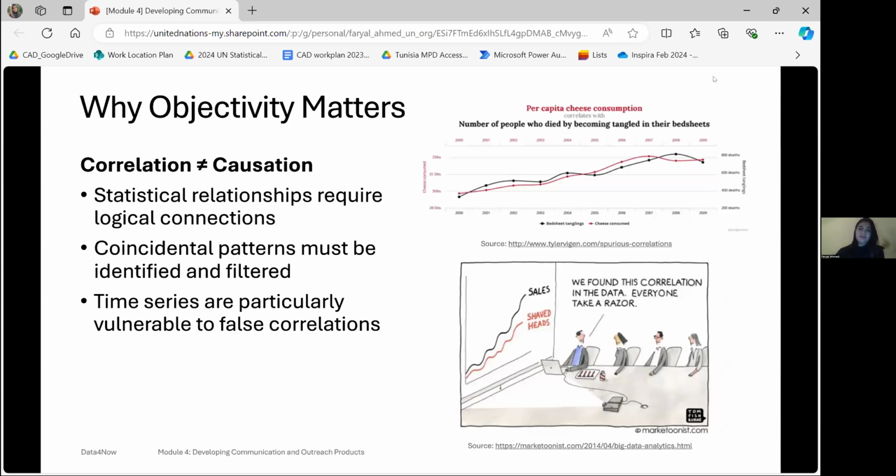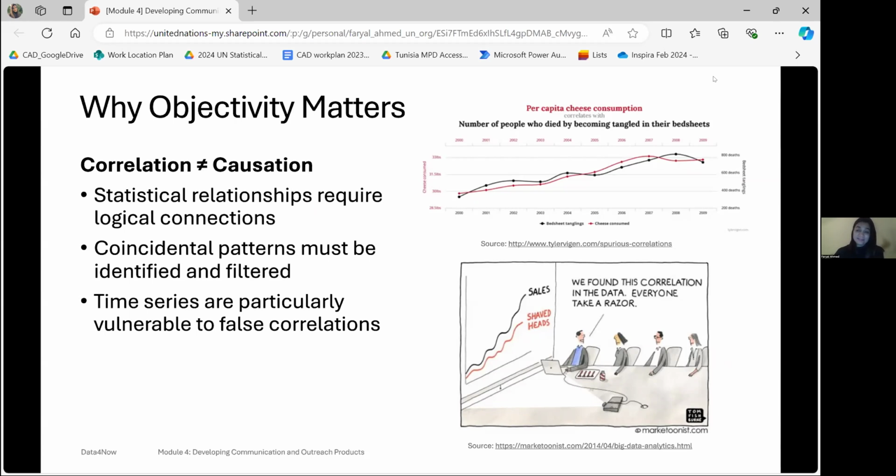Then also something we have to be very careful about: correlation does not mean causation. A very concrete example we have here is in the top graph, where we see the per capita cheese consumption, that's the red line. And then we have the number of people who died by becoming tangled in their bed sheets, which is very much overlapping with the per capita cheese consumption.